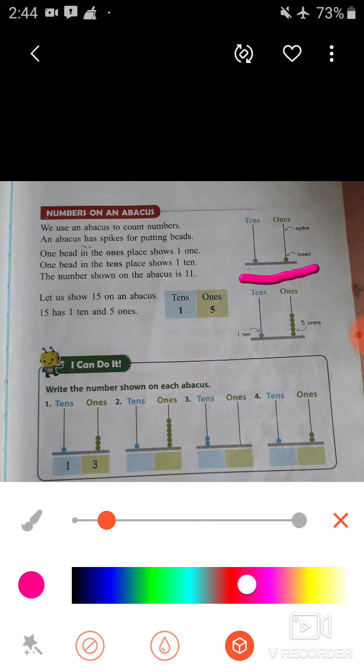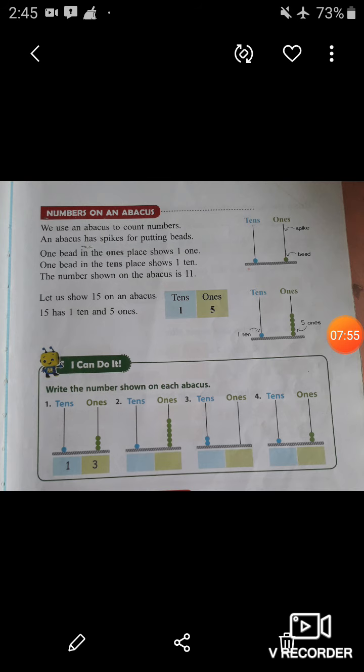So 1 ten and 5 ones make the number 15. So 15 has 1 ten and 5 ones. Did you get it? Now students, let's move on to a short exercise based on this topic.